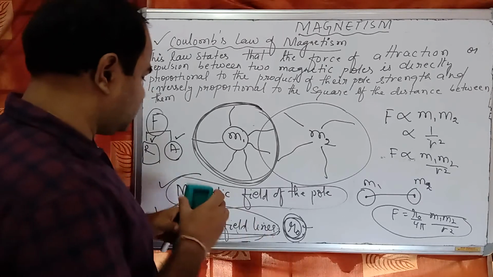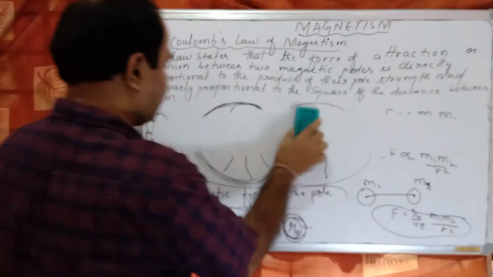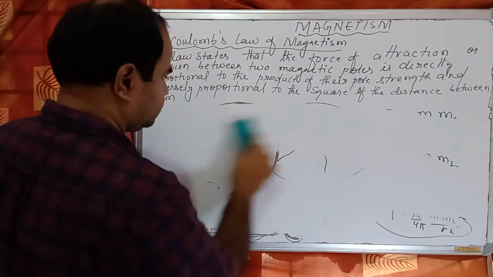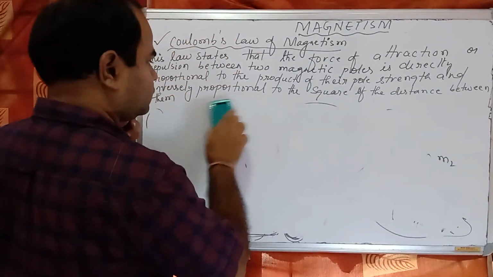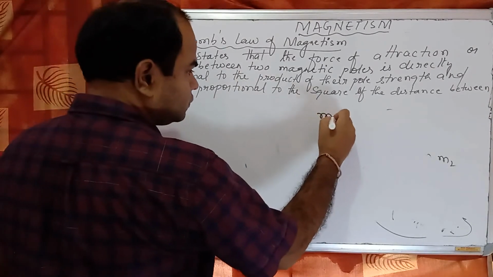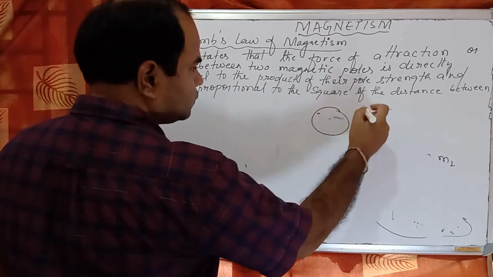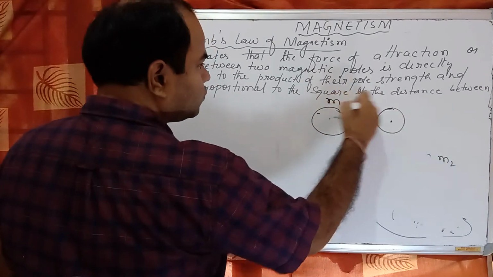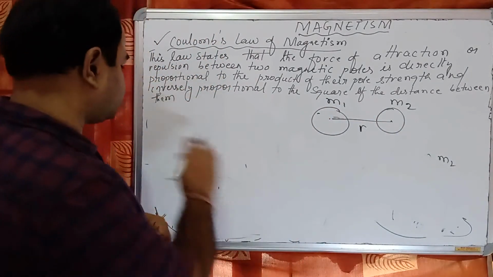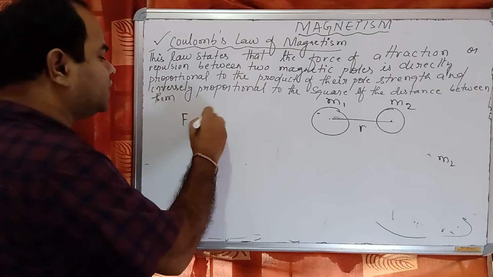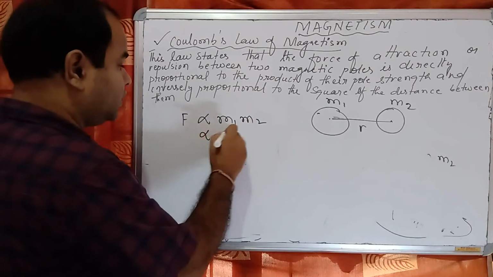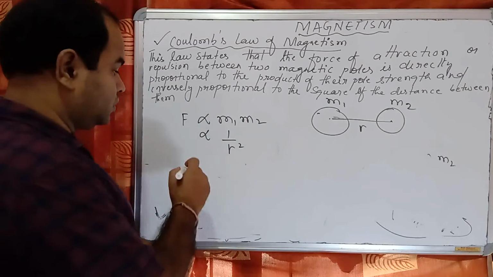Okay, write it down. m1 m2. This force is directly proportional to the product of two pole strengths, inversely proportional to the square of the distance between them.